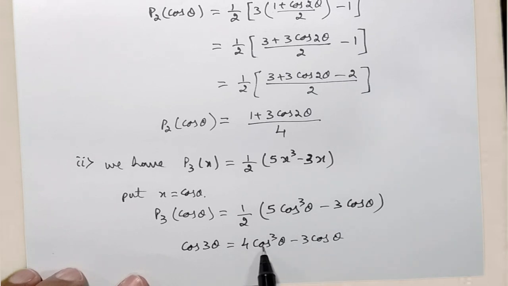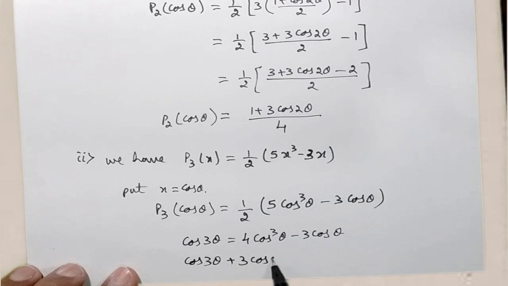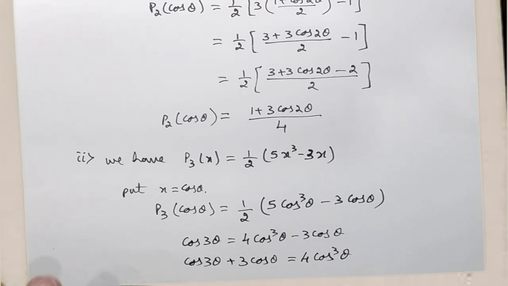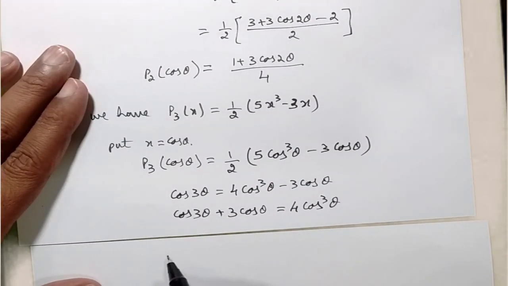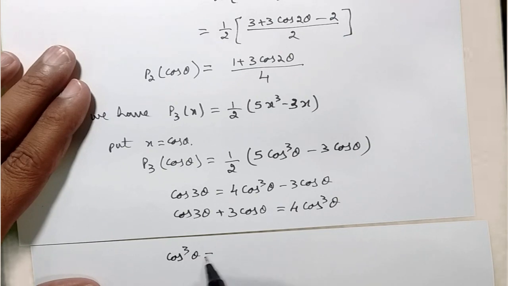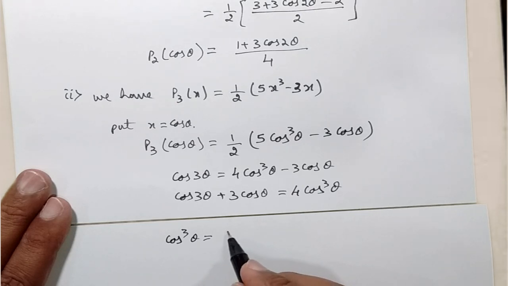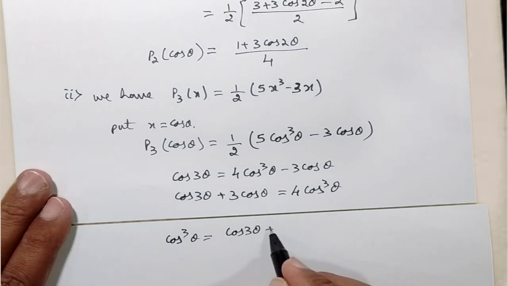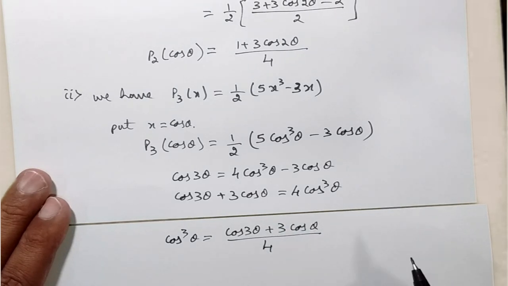So you want 4 cos cube of theta, so send this minus 3 cos theta to the other side, it becomes cos 3 theta plus 3 cos theta will be equals to 4 times cos cube of theta. So cos cube of theta will be equals to, cross multiply that 4 to the other side, cos 3 theta plus 3 cos theta whole divided by 4 in the denominator.